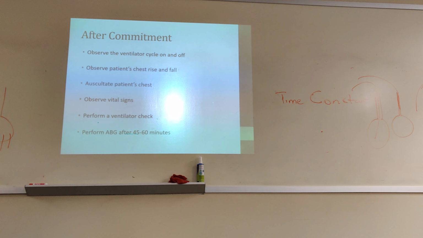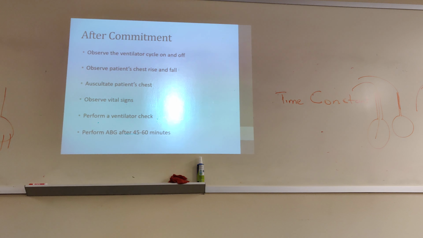Okay. You have to listen to the ventilation cycle on and off. That is a sign of ventilation, that the patient is ventilating. Okay? Listen to that. You're not done yet. Observe the patient's chest rise and fall. That is a sign that the patient is getting the breaths. Auscultate the patient's chest.